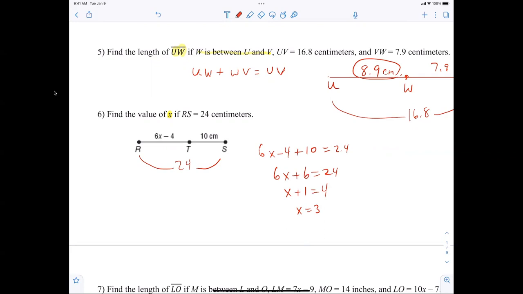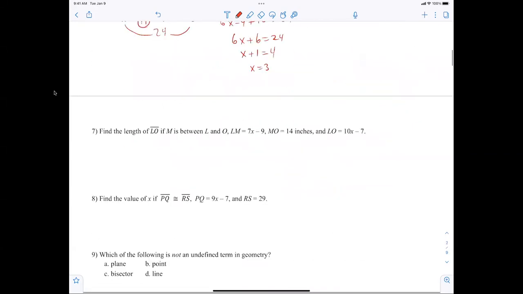Yes, of course, because if TS is 10, RT is 14. Good observation. That is definitely 14. All right, anybody need any help on the first page? All right, let's check out page number 2.